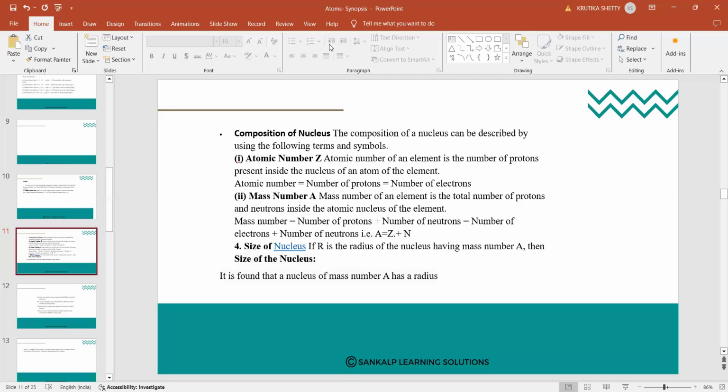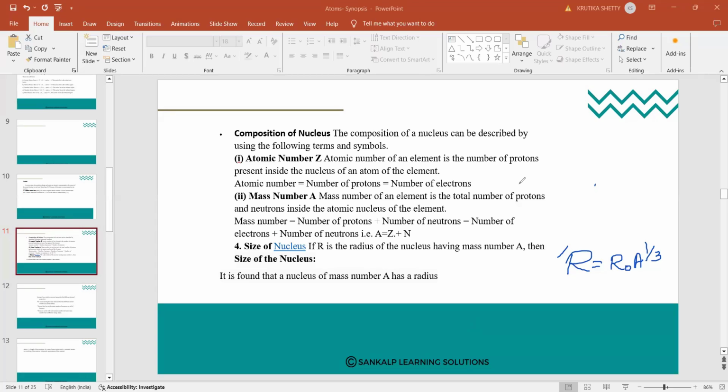The radius of the nucleus having the mass number A is given by R is equal to R naught A raised to 1 by 3, where A is the mass number.